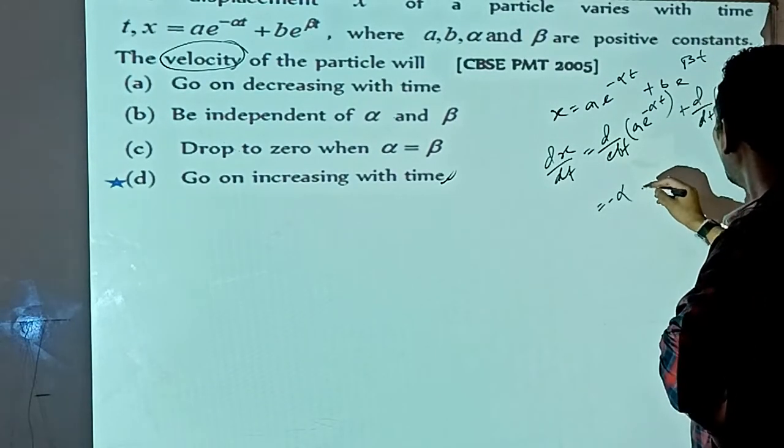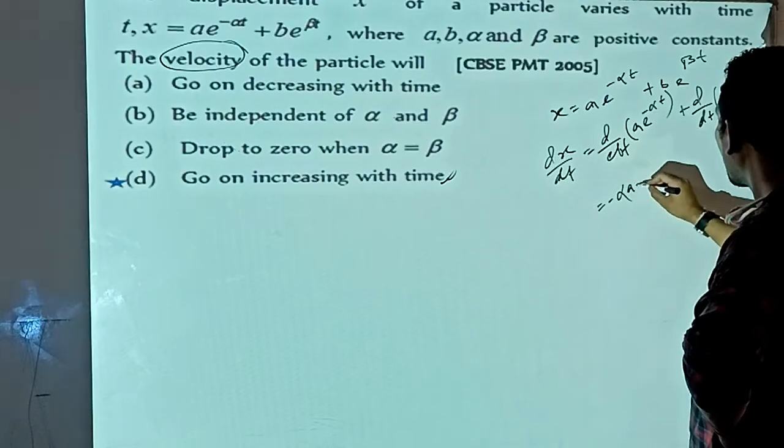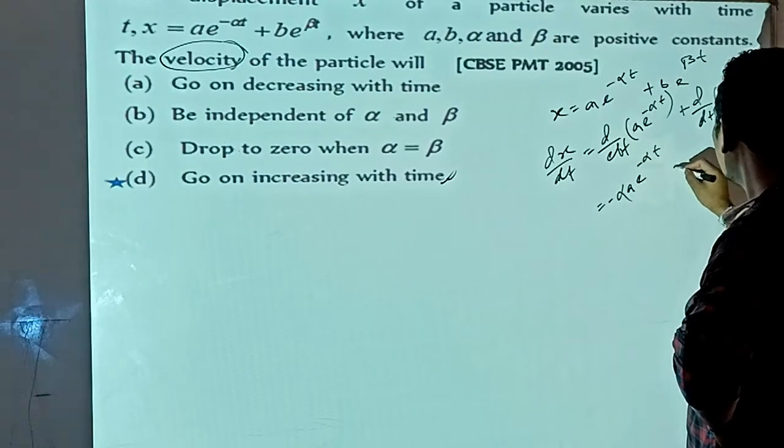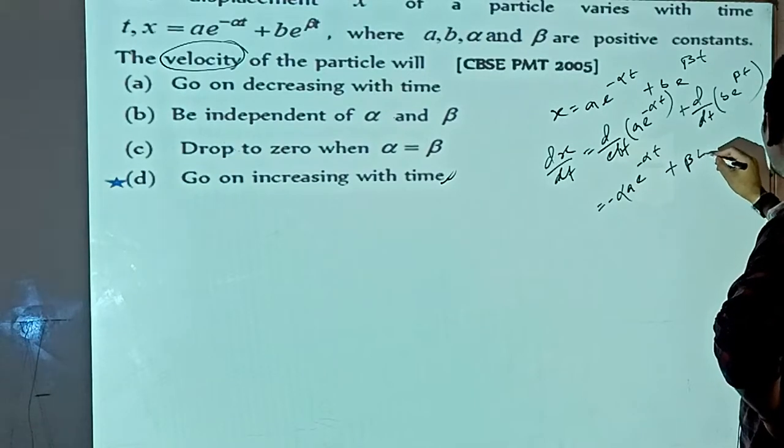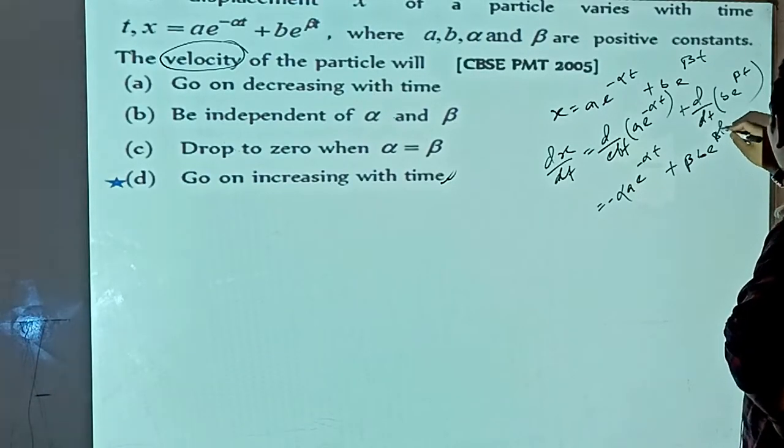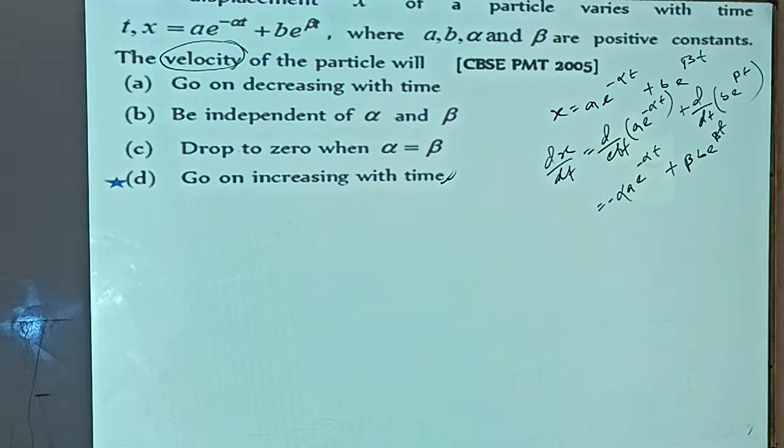So that will be minus alpha a e to the power minus alpha t plus beta will come out, beta into b e to the power beta t. Is it okay or wrong?